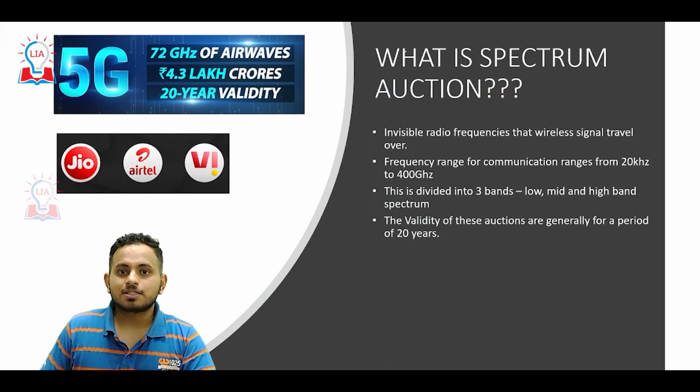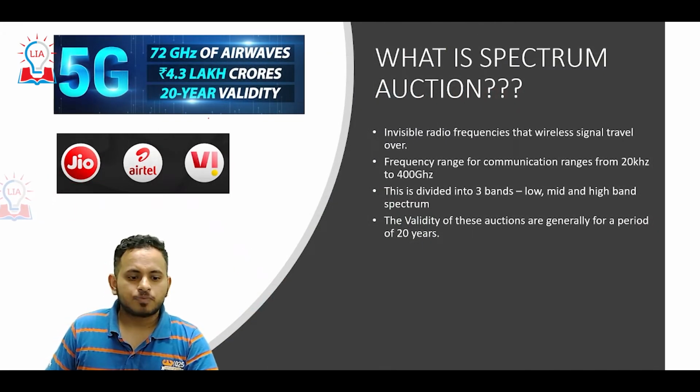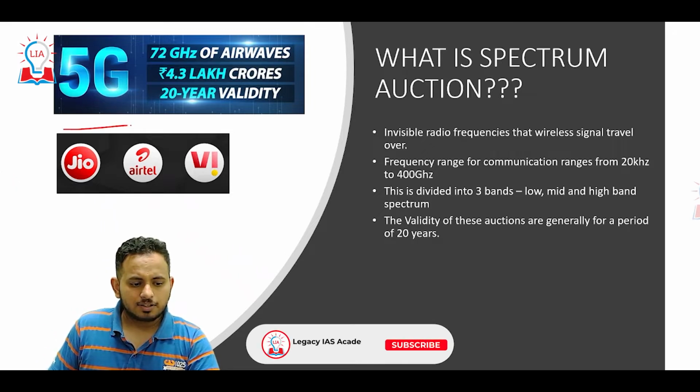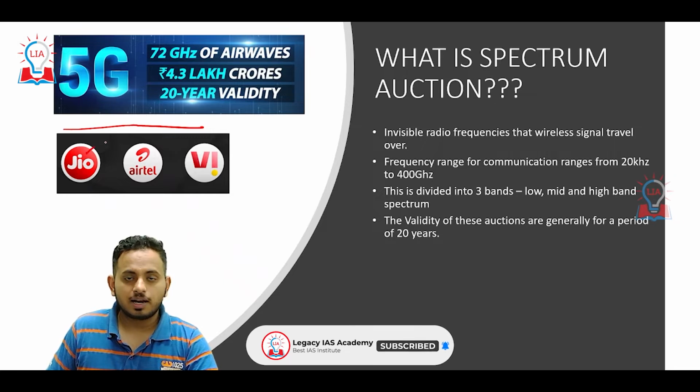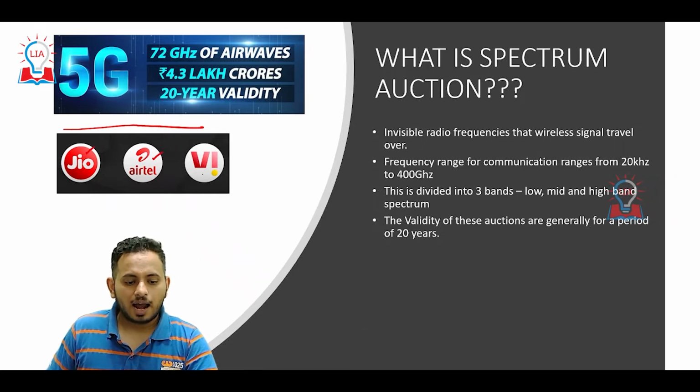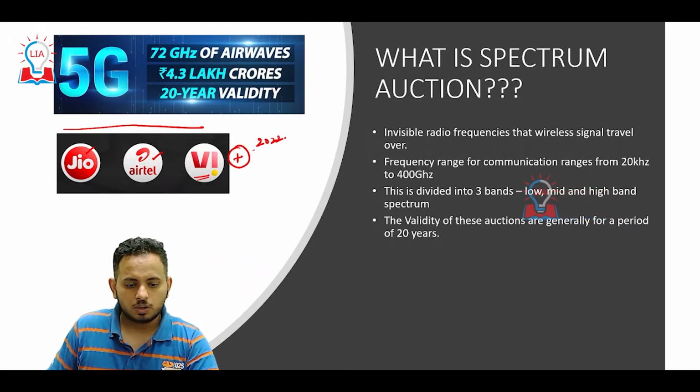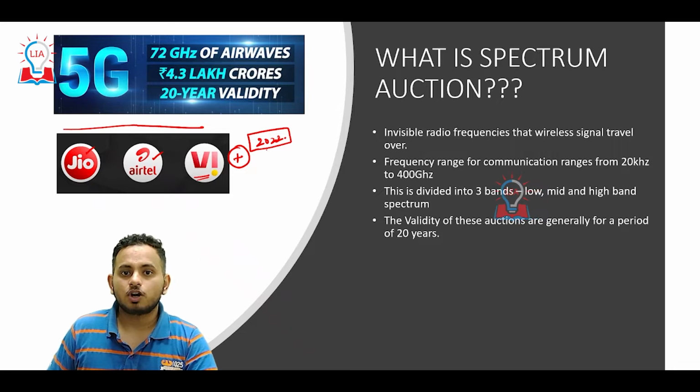So how is this 5G spectrum auction happening? See, we all know that there were 3 contenders for the spectrum this year, that is Reliance Jio, Bharti Airtel and Vodafone Idea. Along with this, for the 5G spectrum auction of 2022, there was one more player that got added, that was Adani Group.